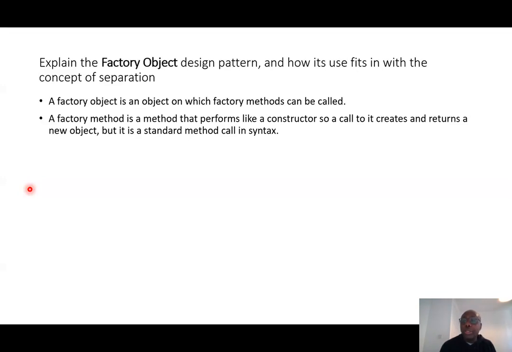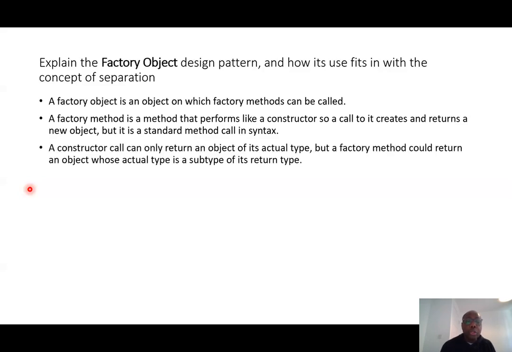A call to it will create and return a new object, but it is a standard method called in syntax. What does that mean? You will see that when it is returning, it will say return new class, and they put the name of that class, and it could be the superclass or the subclass of it.